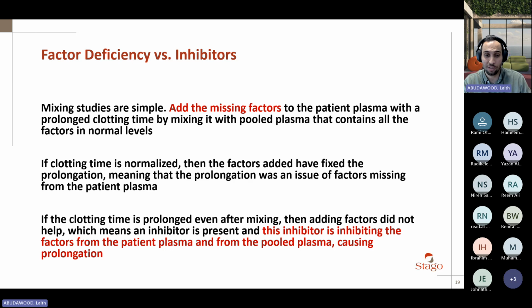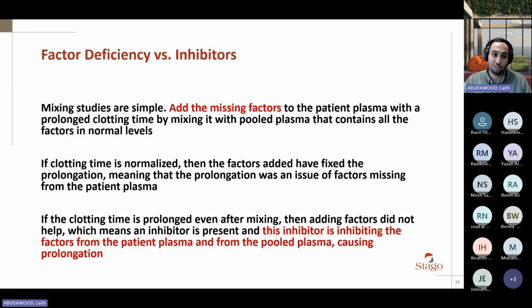So if my mixing study goes back to normal after I had a prolonged patient result for PT or PTT, this suggests that the patient really had a problem with missing factors. After I give them the missing factors, things went back to normal. So I say this patient had a factor deficiency. I assume you know that. All right, so what do I mix the patient plasma with? Where do I get the factors?